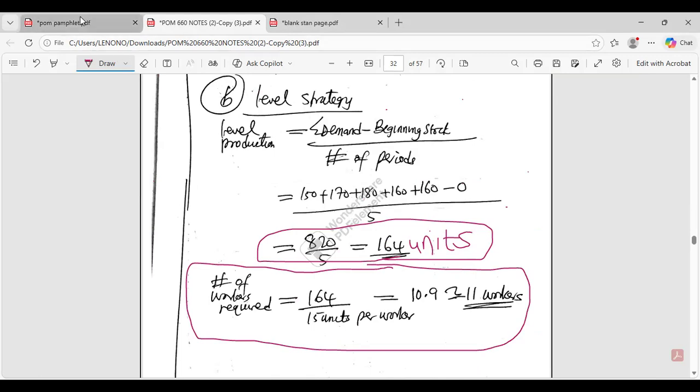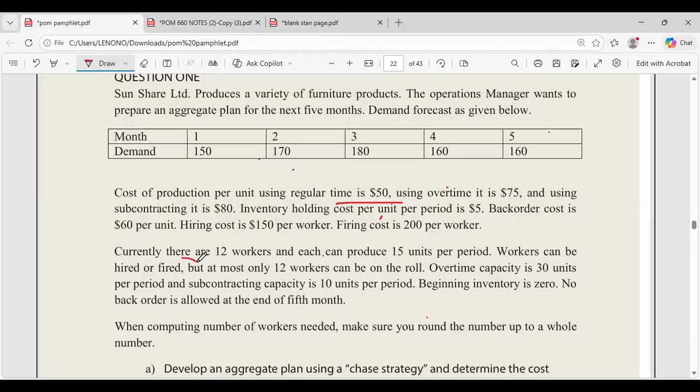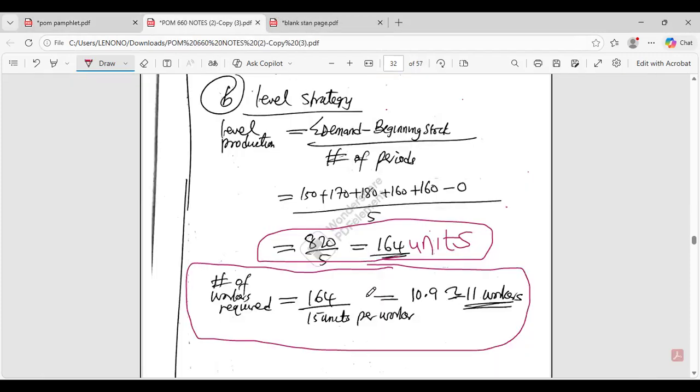So meaning what happens from the 12 workers, then we calculated how many workers on a regular basis, 11 workers. So what did we do? Tell me, Madam Chief, assist me. What did we do? I don't know if you can call it layoff. We laid off one.